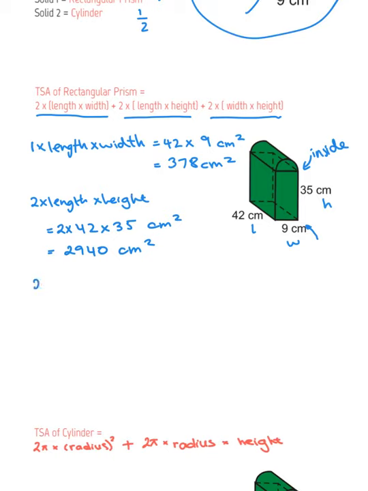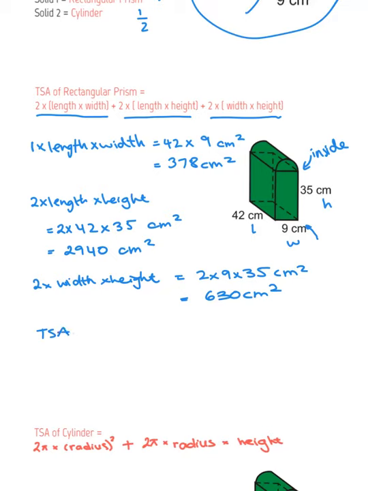And lucky last, I have 2 times width times height, and that is 2 times 9 times 35 centimetres squared, and that gives me 630 centimetres squared.